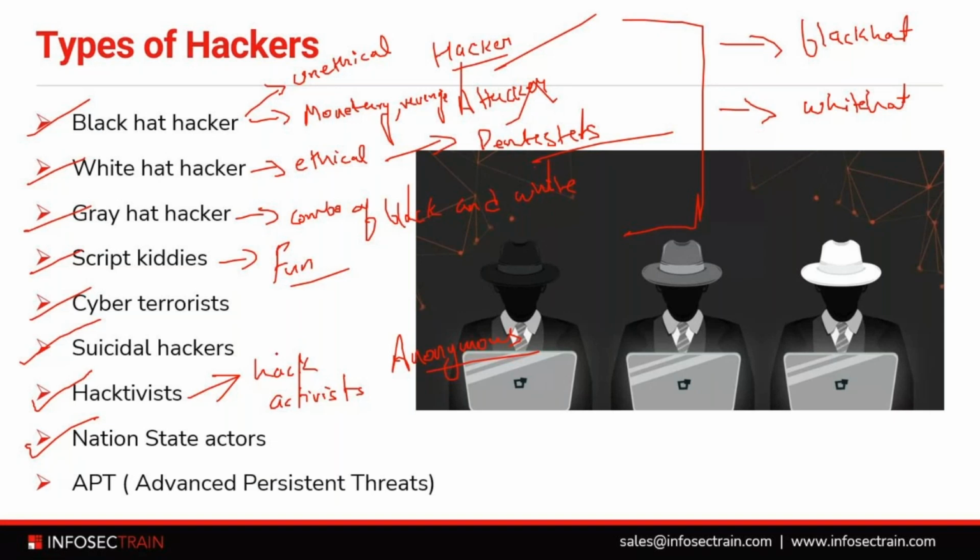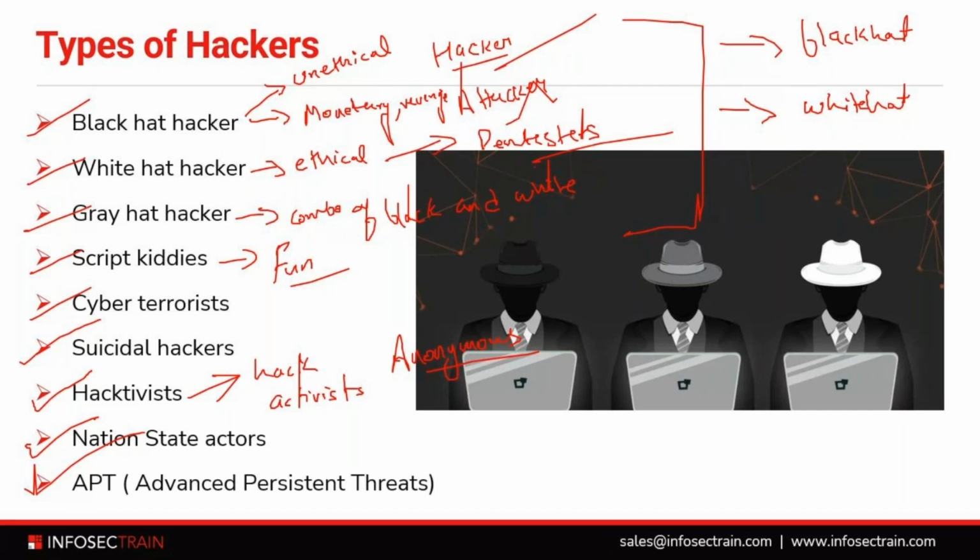Then we have advanced persistent threats. What are advanced persistent threats? APTs are actors who engage in long-term targeted attacks to gain access to sensitive information and disrupt critical systems.